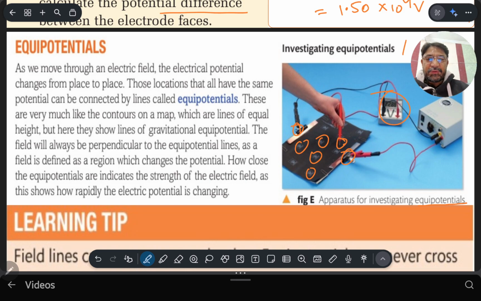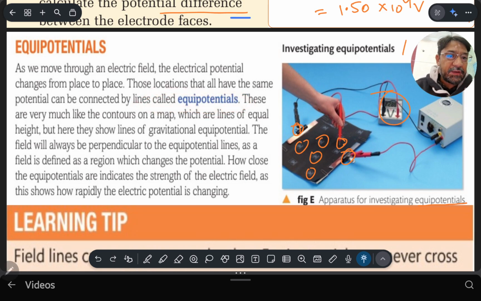In equipotential surfaces, as I have mentioned in my slides, the electric potential changes from place to place as the charge moves, and those locations that have the same potential are connected with lines. They are called equipotential lines.